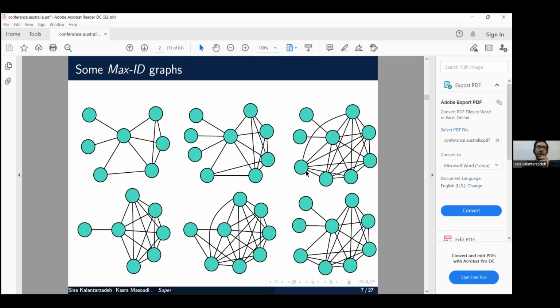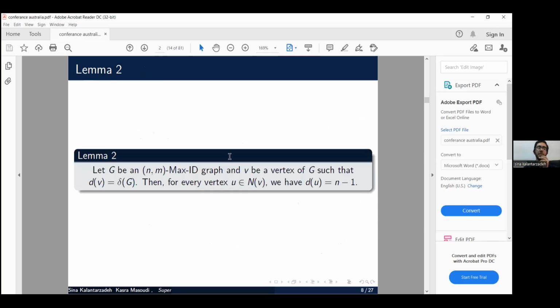As you can see, in each of these graphs, the vertex of lowest degree has the property that all its neighbors have degree n minus 1. You can see here that this is a leaf, and its neighbor has degree n minus 1. And we are going to prove this as our lemma 2.